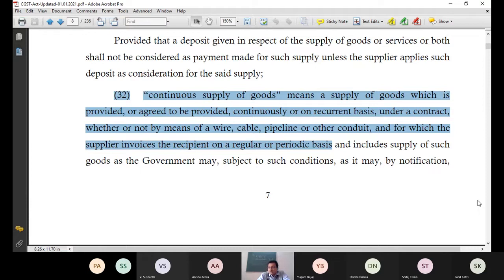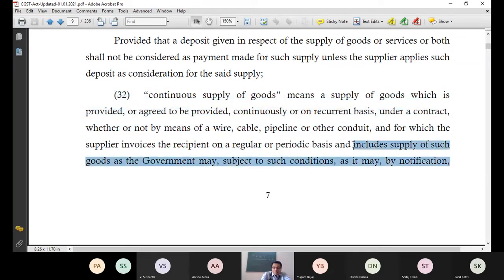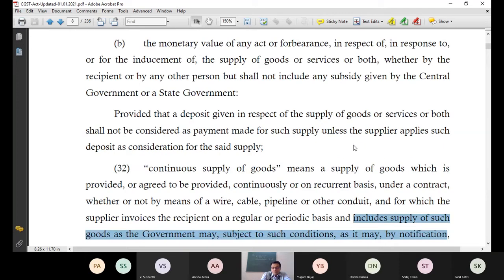But in case we find that any supply of goods is happening which might not satisfy this criteria, but in our view the nature is continuous supply of goods, we can notify any supply by name as a continuous supply. That is why the next highlighted text simply says includes.